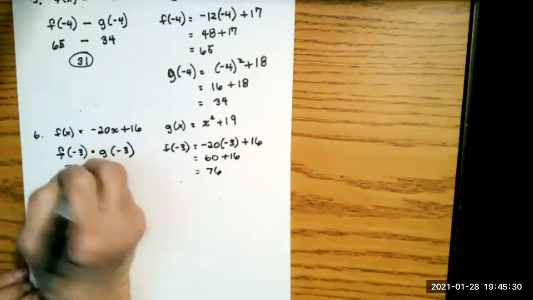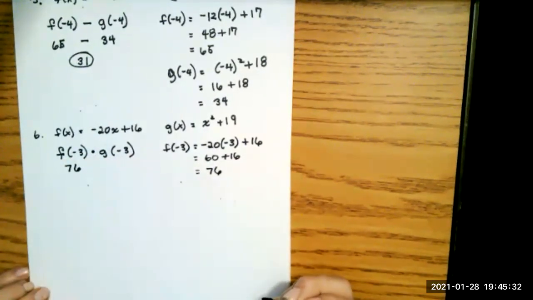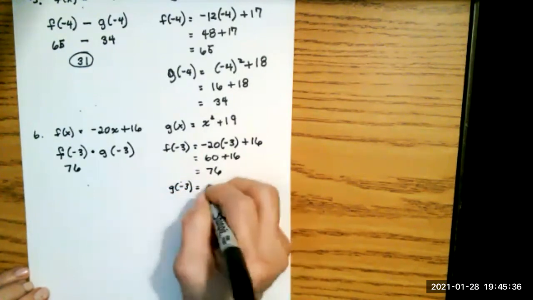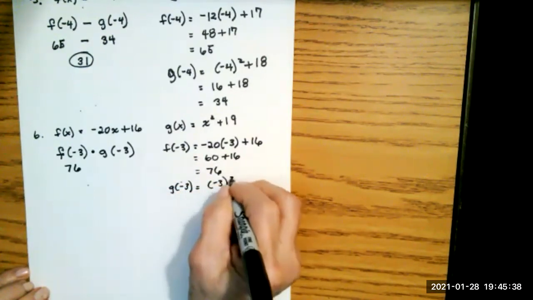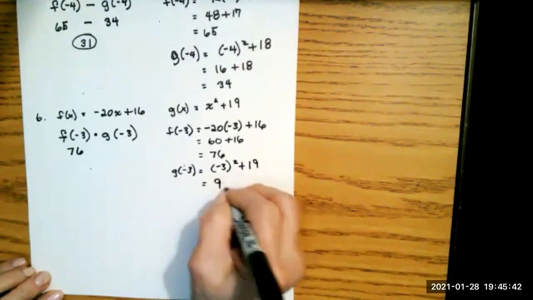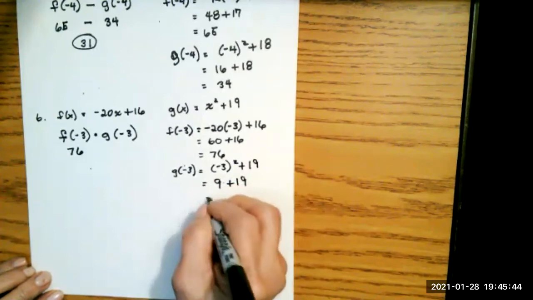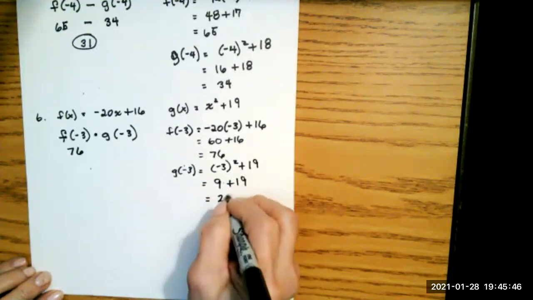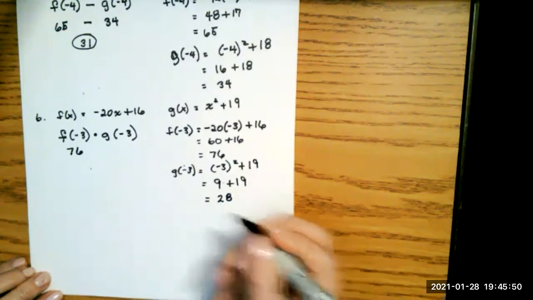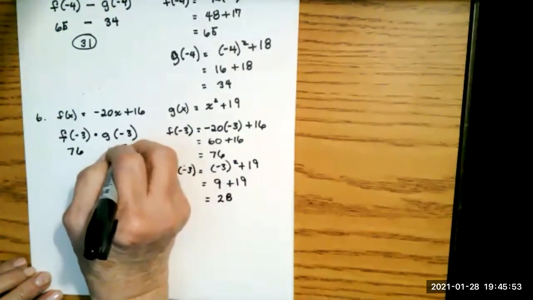Come over here and put my 76 under there. g of negative 3 equals negative 3 squared plus 19. That would be 9 plus 19, which is, if I'm not mistaken, 28. So I'll put my 28 under the g.